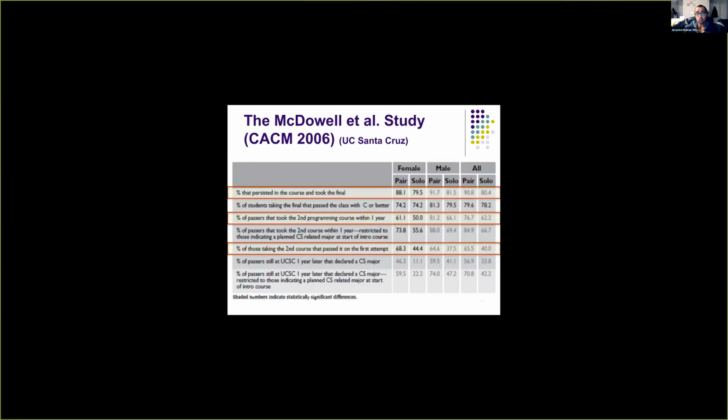It's been shown that coding in pairs improves the understanding of both students in the pair. Especially for understanding certain concepts, it's really helpful if the labs are done in pairs.